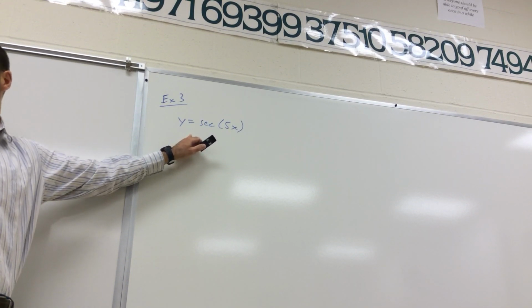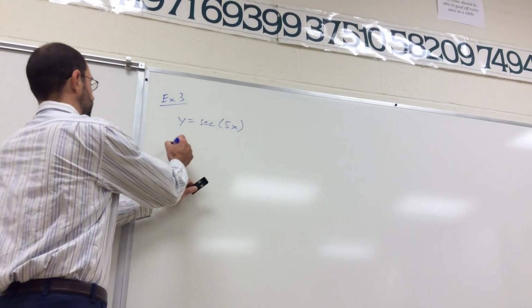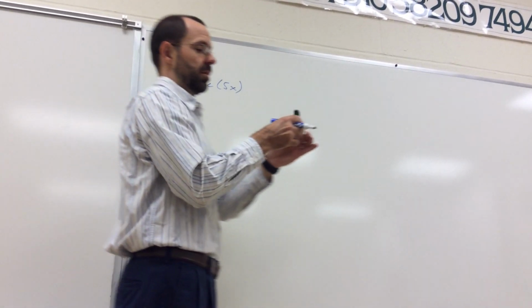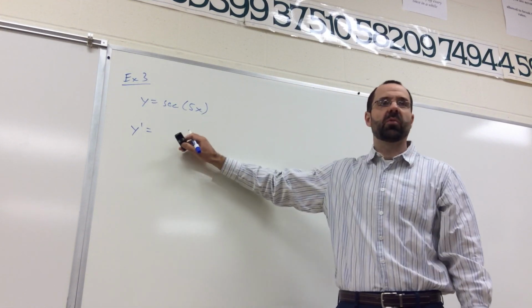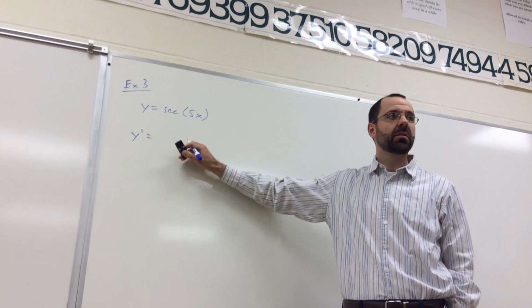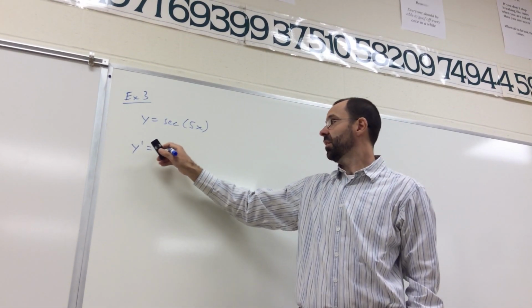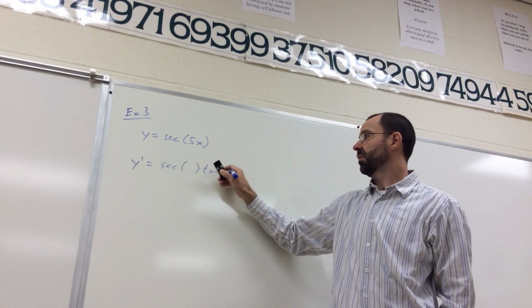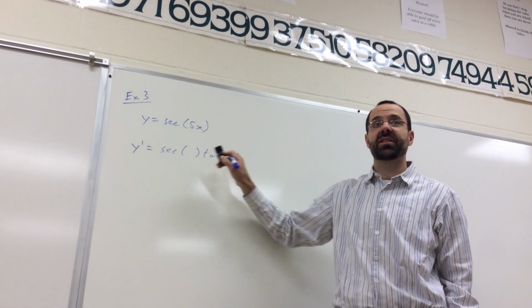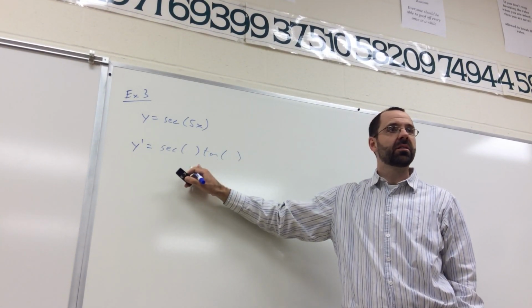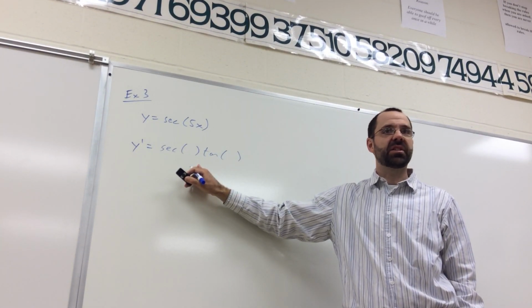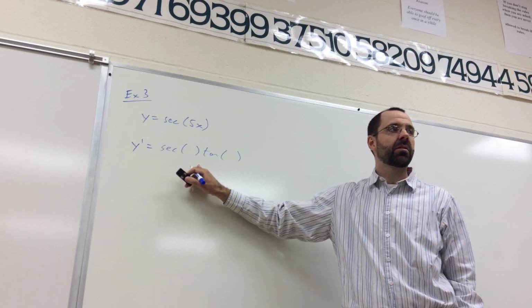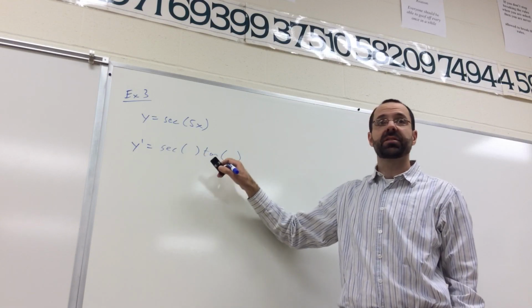So the first step is to take the derivative of secant. Maybe you don't have that memorized yet, but what is the derivative of secant? Secant times tangent. The thing that's kind of weird is there's 2 blanks in that function. The derivative of secant x is secant x tangent x.